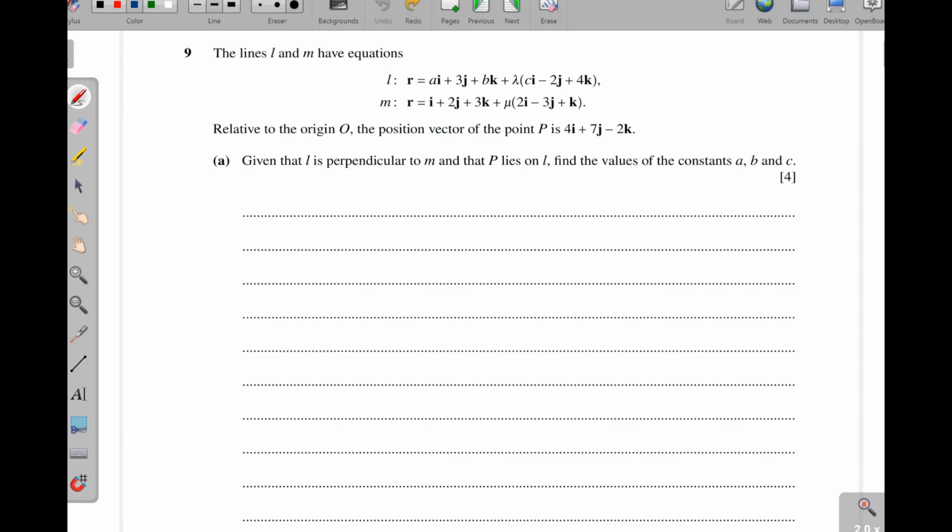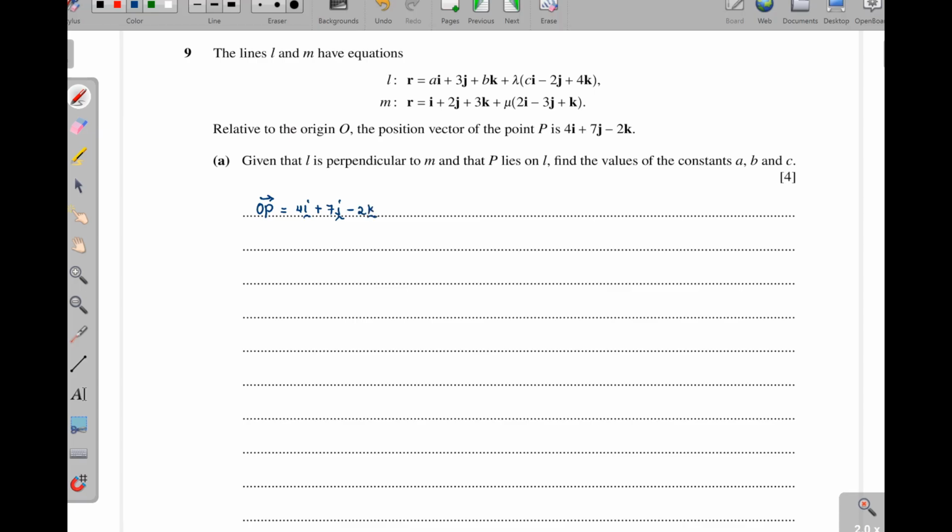The position vector of P, which we can call OP, is equal to 4i plus 7j minus 2k.